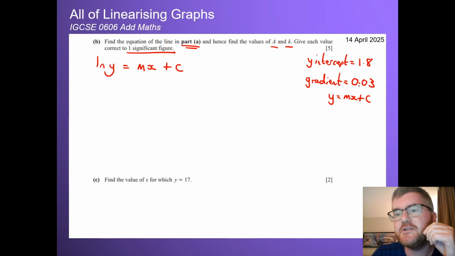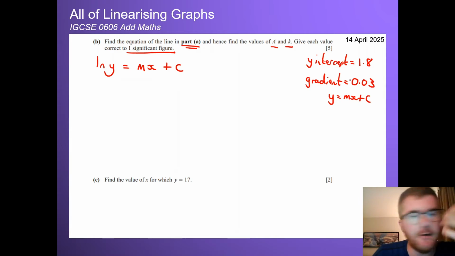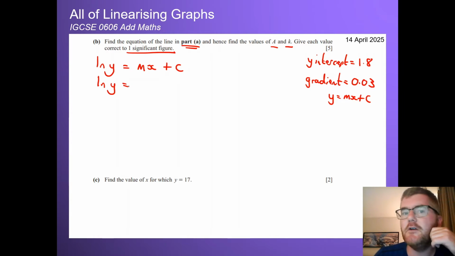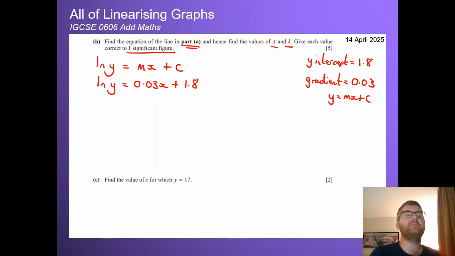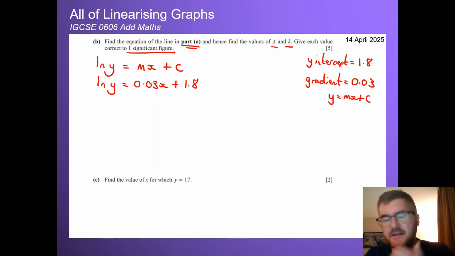But we can still substitute the values that usually work for a straight line. So we leave the natural log of y alone. We know that the gradient is equal to 0.03, so we put that in, 0.03x, and we know the y-intercept normally is 1.8. So we're doing exactly the same thing that we do for y equals mx plus c. The only difference here is we have the natural log of y equals mx plus c.